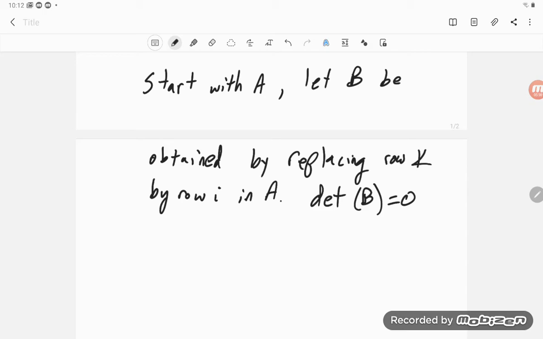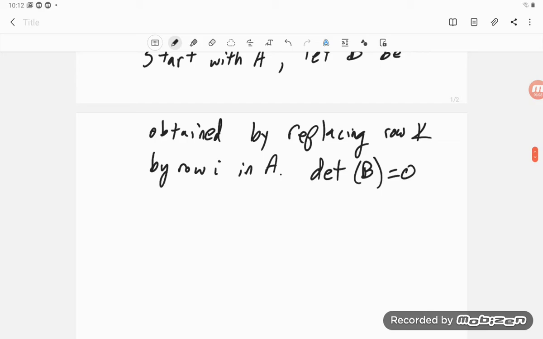And so then they say, okay, let's expand the determinant along row k. Okay, so that is 0 equals determinant of B. This is a pretty snazzy little proof.